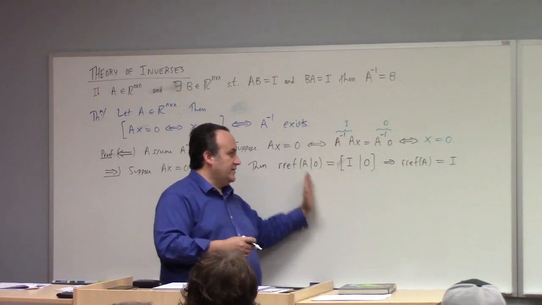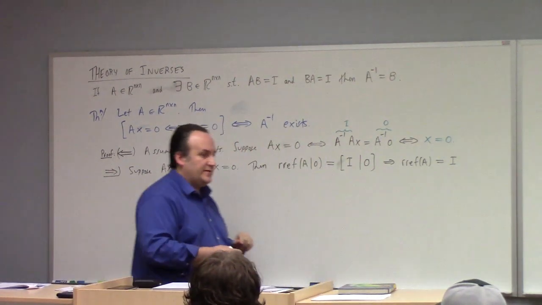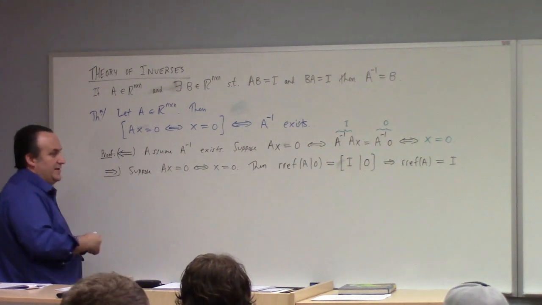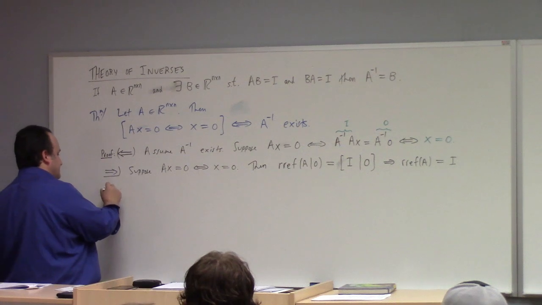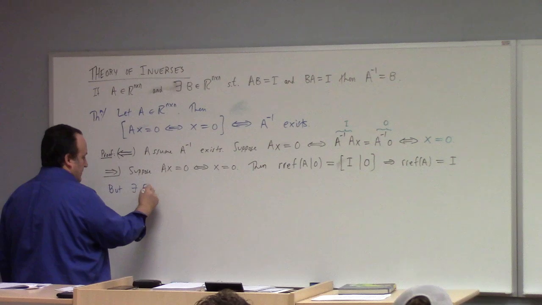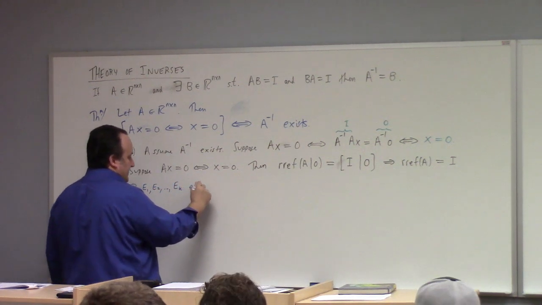So I can strip off the 0 here, and it gives me that. But what did we learn about elementary matrices? We learned that there exists a product of elementary matrices, E1, E2, up to Ek.